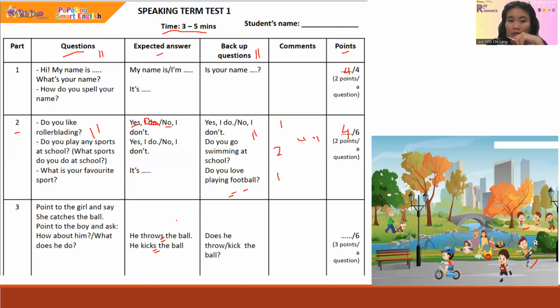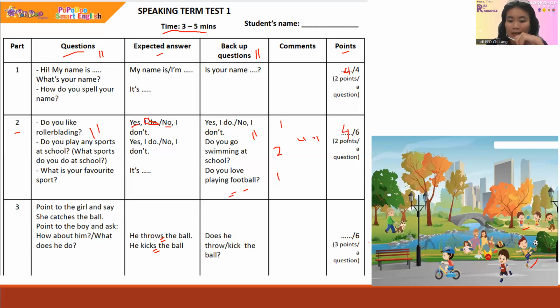It depends on you to give the points for this student, but remember to minus the points if they cannot answer the question properly. If the student cannot answer the questions here, you just wait for them for about 5 seconds and then ask the backup questions to make it easier to answer.